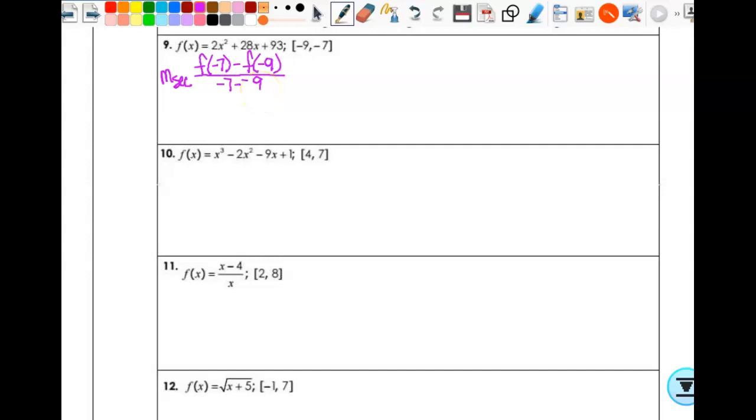Right? So I need to find each one of those things. I need to find f of negative 7. How do I find that? Substitute it in. So 2 times negative 7 squared plus 28 times negative 7 plus 93.